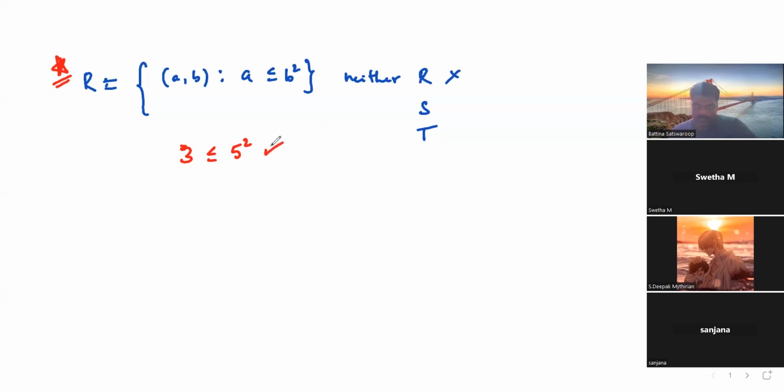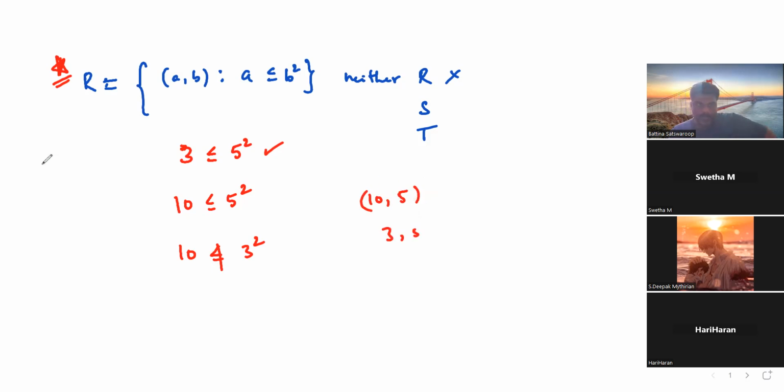Yes, sir. 10 is less than or equal to 5 square. Right? But 10 is not less than or equal to 3 square. Correct? Yes.